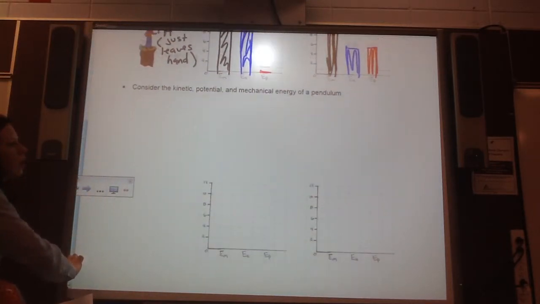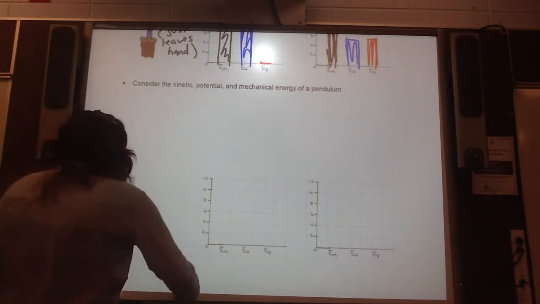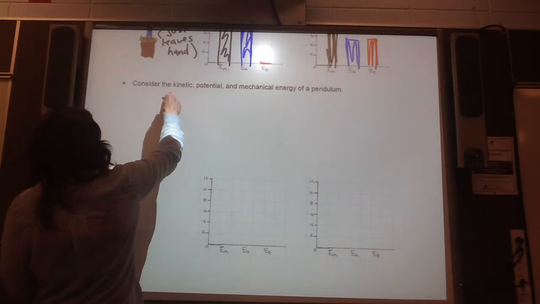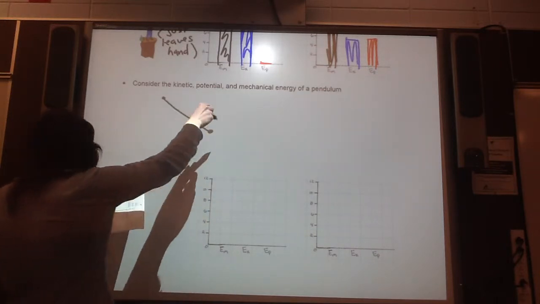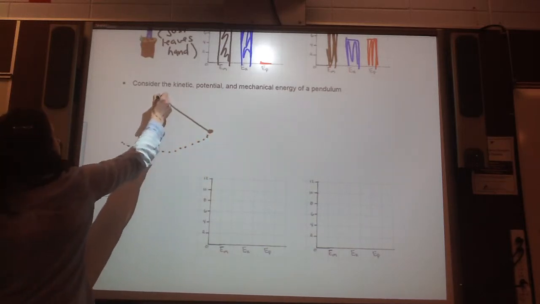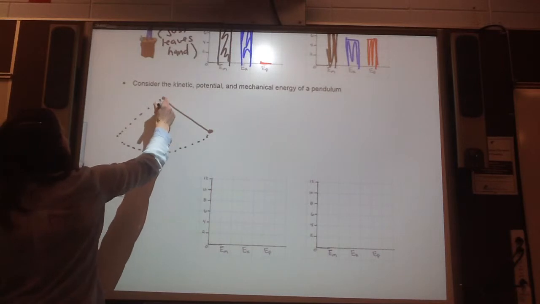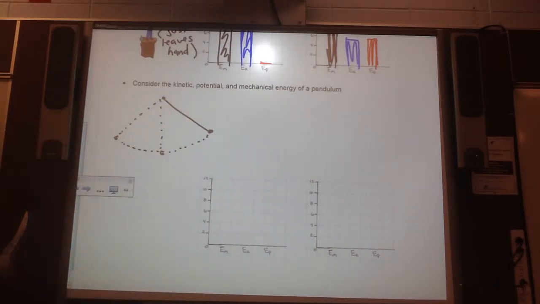Let's do a pendulum now, since we'll be doing that in our lab. So let's just draw a little pendulum. Let's say it's swinging out, and its path is the dotted line.